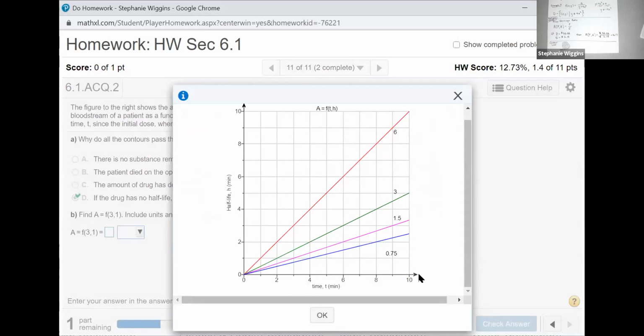Here's the t-axis, 1, 2, 3, and the h is 1. So if you go up to a height of 1, notice that our point lies on the pink or the fuchsia contour line. So the value for every point on the contour line, the amount is 1.5 milligrams.